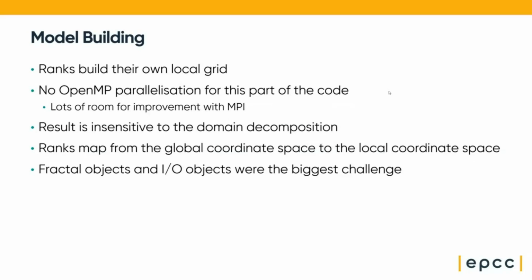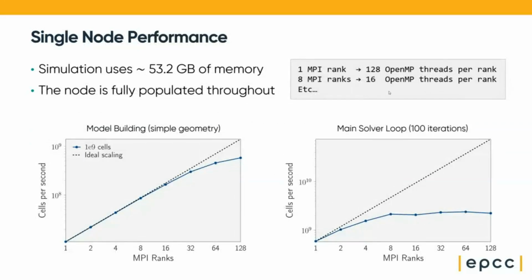In the building, most of the time you're just mapping from your global coordinate space to your local coordinate space. Fractal objects, the more complex geometry, and I/O objects were by far the biggest challenge, mainly because they have more global concerns and global properties that needed to be added in. Hopefully that introduces those two steps, so we can then look at the actual performance.